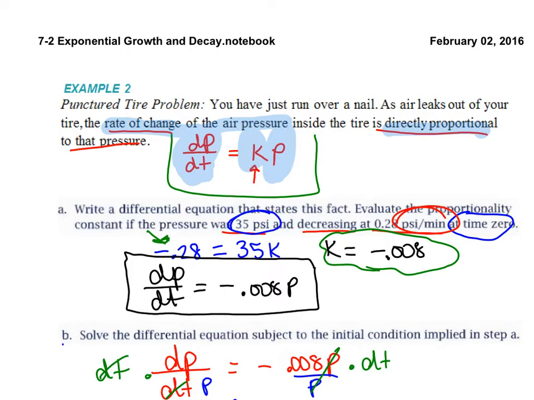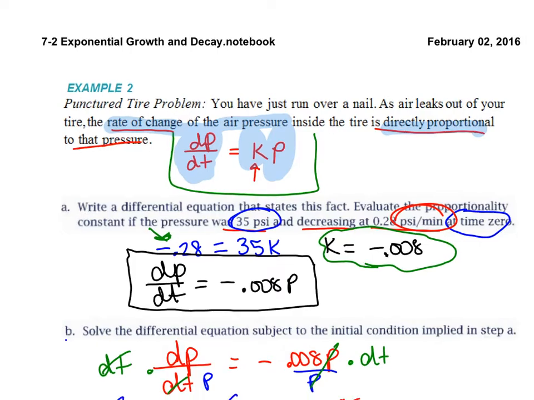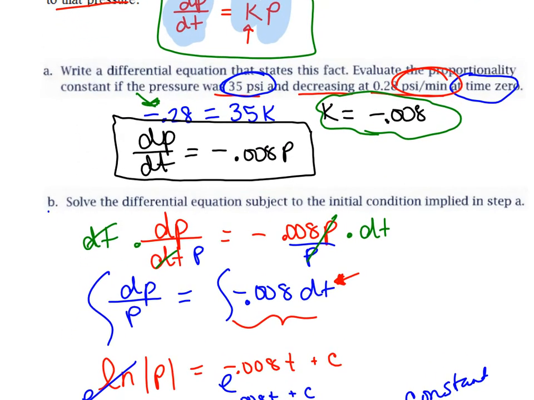So now we can actually use this differential equation to plug in some initial conditions. We know that at pressure 35 psi, to just read it: write a differential equation that states the fact, evaluate the proportionality constant if the pressure was 35 psi and decreasing at 0.28 psi per minute at time zero. Remember, decreasing means negative.